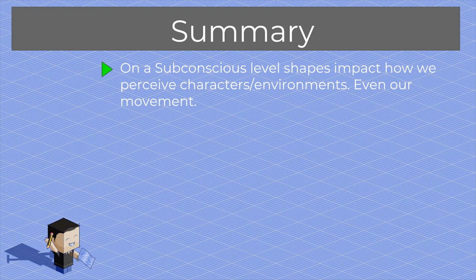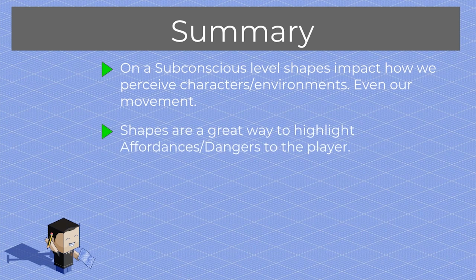So really think about the things that you want to communicate with these shapes, because they can have a bigger impact than we're aware of. Shapes are a great way to highlight things such as what the player can move towards, what is playable, non-playable, affordances or dangerous spots. It highlights quickly so the player has an instant understanding without us having to explain this, because of generations of understanding shapes.